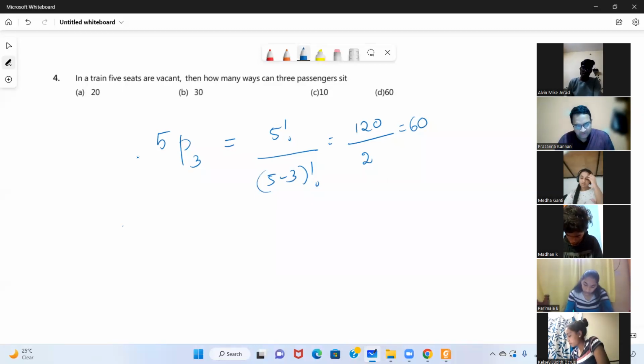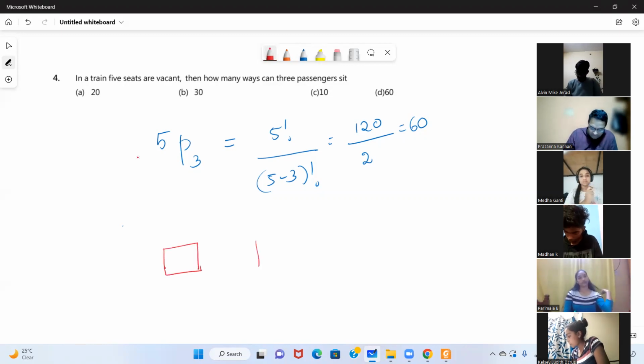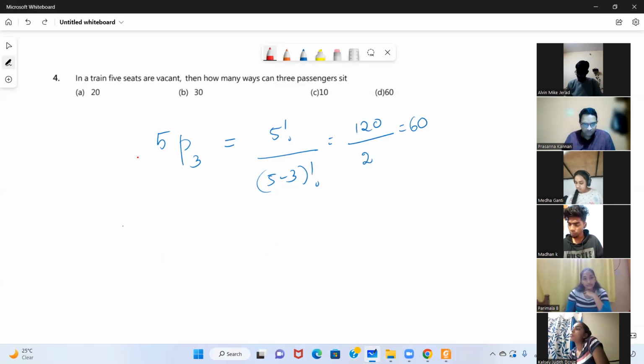Okay, I'll teach you in another method. How many seats are there in the train? 5 seats are there, correct? Let's say we have, just for example, Medha, Parimala, and Kelsey.